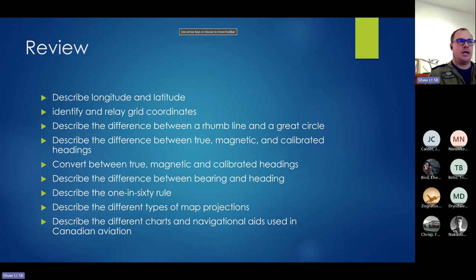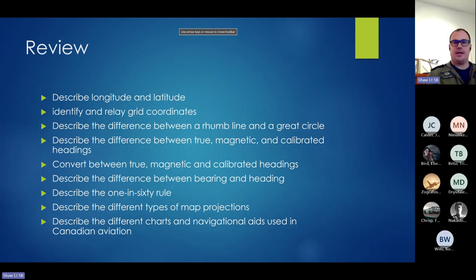Difference between bearing and heading. Let's see. Bird, can you tell me the difference between what your bearing is and what your heading is? Bird, if you're there trying to talk, you might have the mute on there. You can take a crack at one or both if you'd like, or put it in the chat. Okay, I'm not sure if Bird is there. So let's talk to Zografos. Pardon me, I'm sorry.